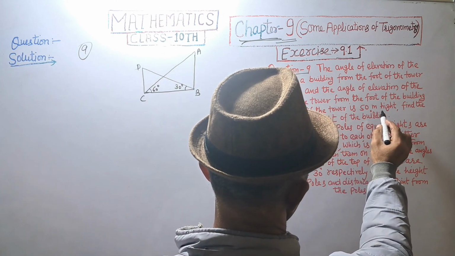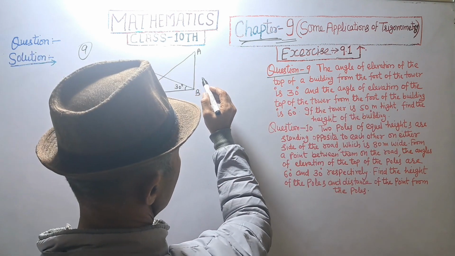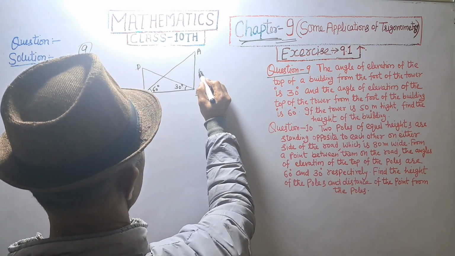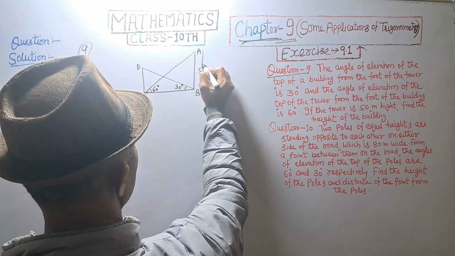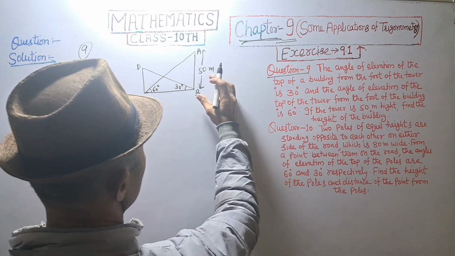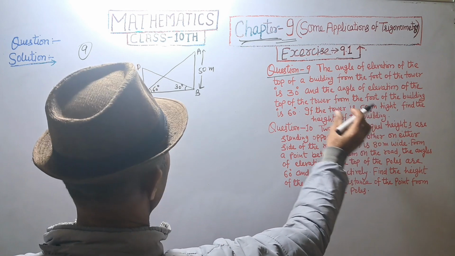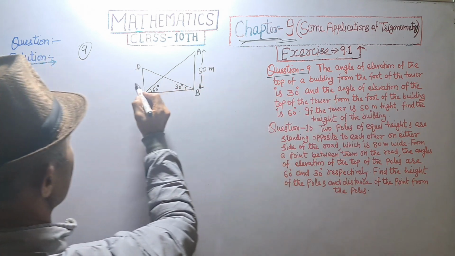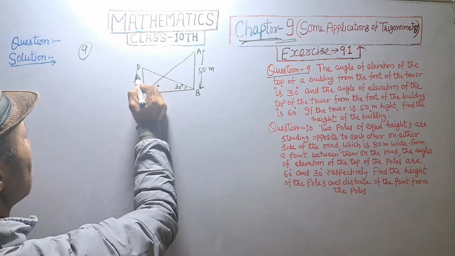If the tower is 50 meters high, find the height of the building. AB is equal to 50 meters. The height of the tower is 50 meters, and we want to find the height of the building.